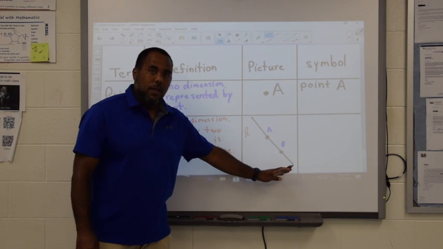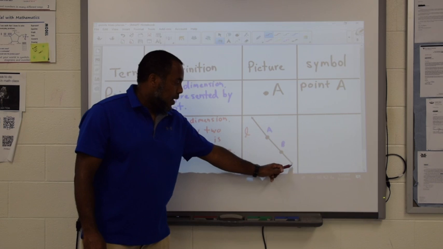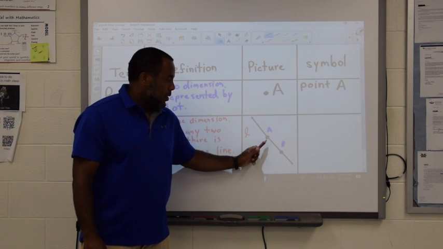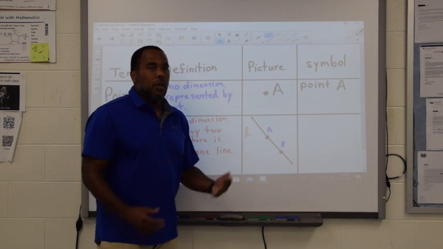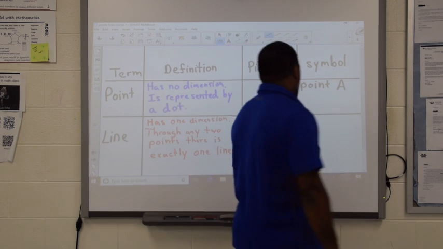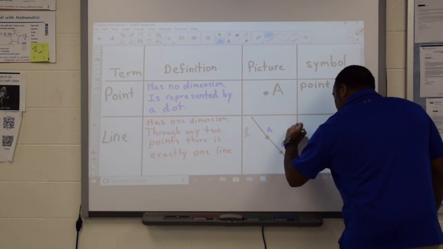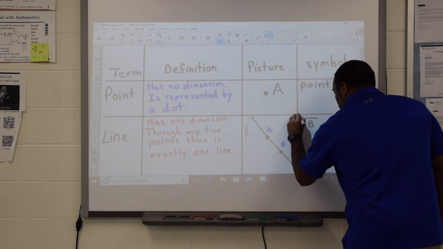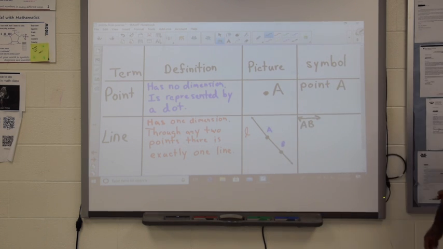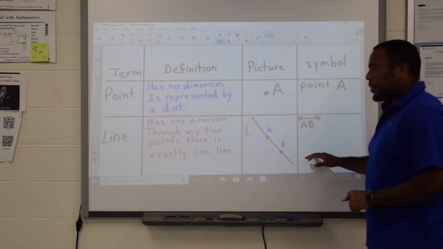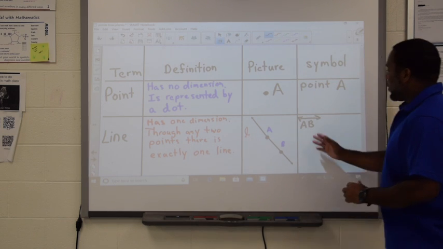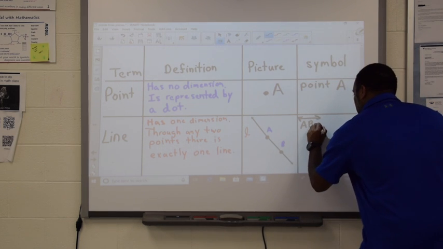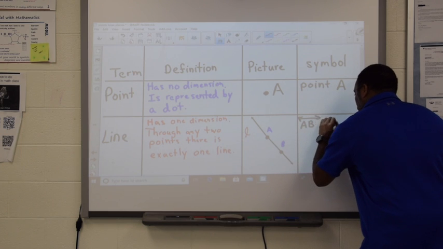Things that you should notice here about a line is that it does have the arrows. You have 2 points, A and B, and so we would call this line AB, written like this, and you would actually put the arrows right here above. Make sure you have the arrows there as well. You could look at it another way and say that this is actually line BA.